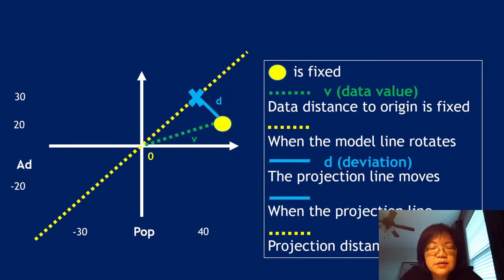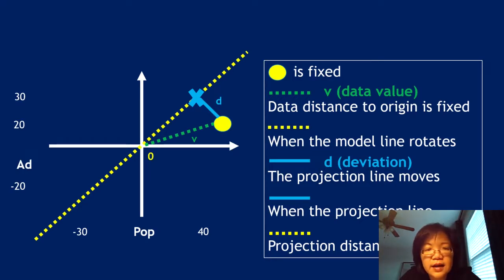And the model is the yellow dotted line. We can move that, right? We can rotate it up and down. When we rotate it, the size of the deviation will vary. So D stands for deviation, this blue line. When the yellow line moves closer to the data point, D will decrease.